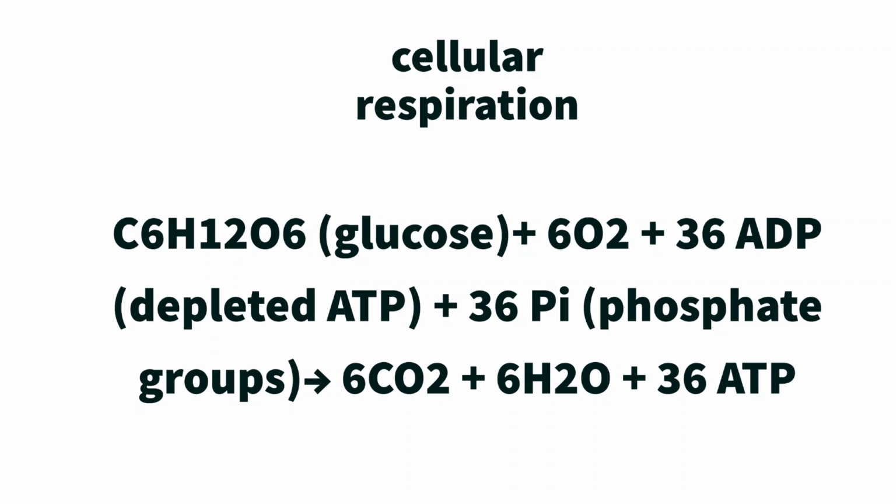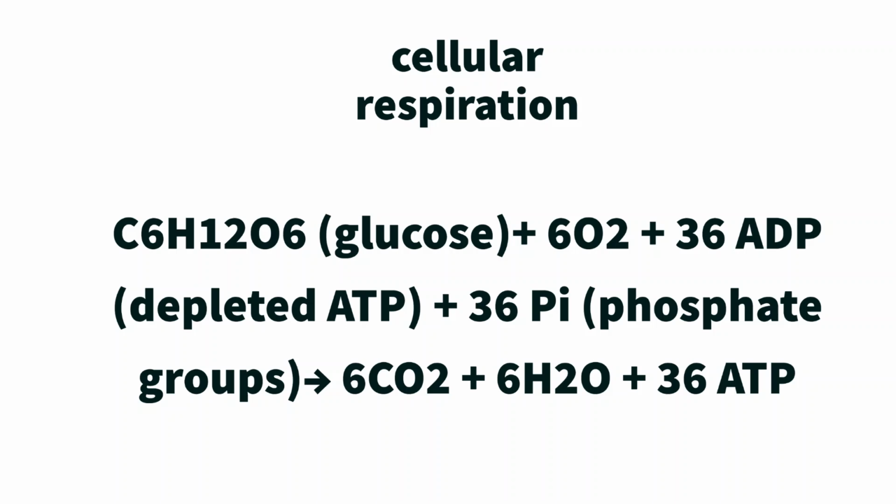The overall equation for aerobic respiration shows glucose being combined with oxygen and ADP to produce carbon dioxide, water, and ATP. You can see that once it's completely broken down, the carbon molecules of glucose are exhaled as 6 molecules of carbon dioxide.